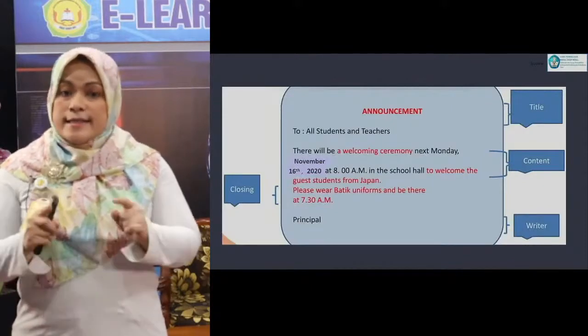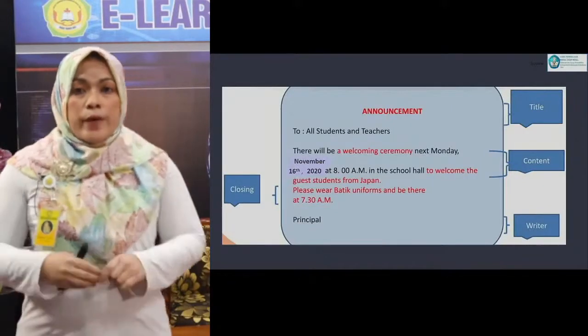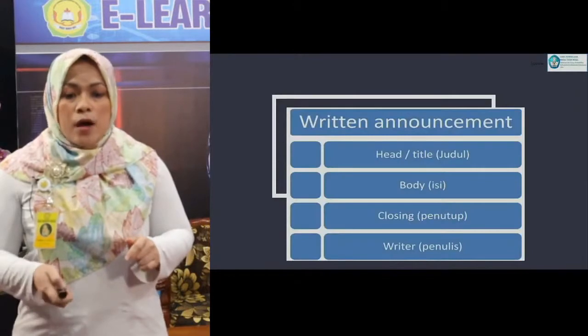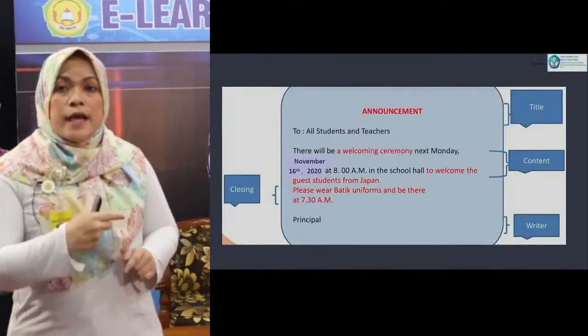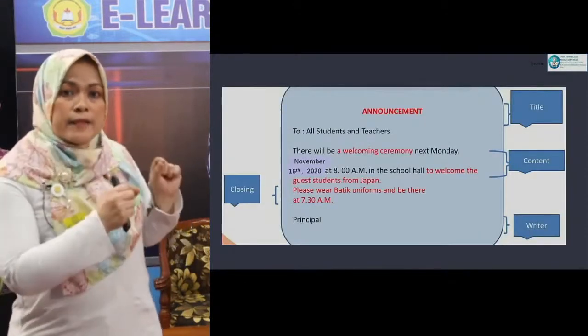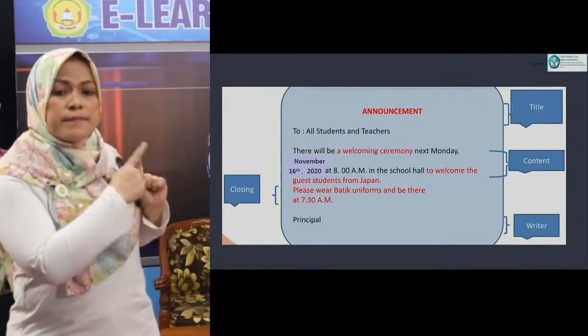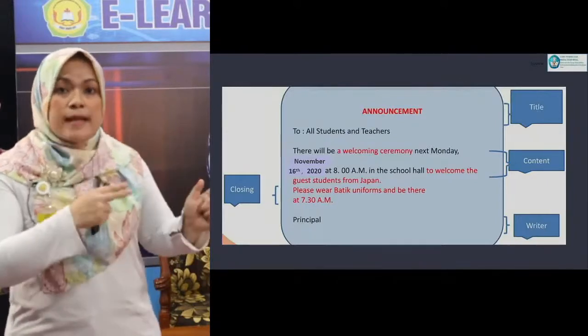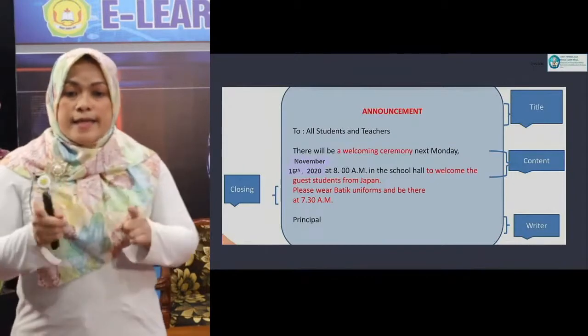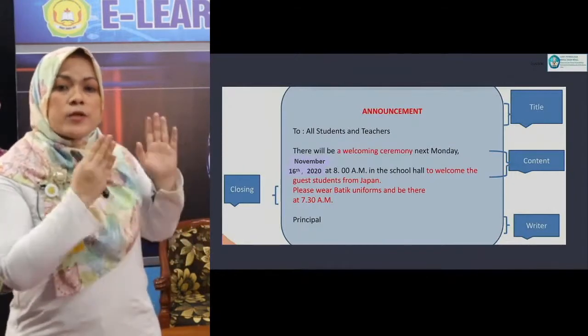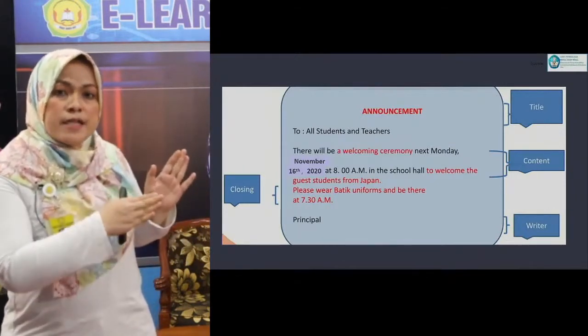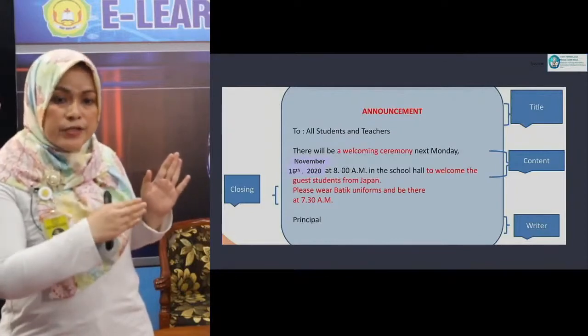And then again, this is an example of an announcement. When you write a written announcement, you need to put the title on it. This one is the big one, Announcement. That's the title. This short announcement is for students and teachers.